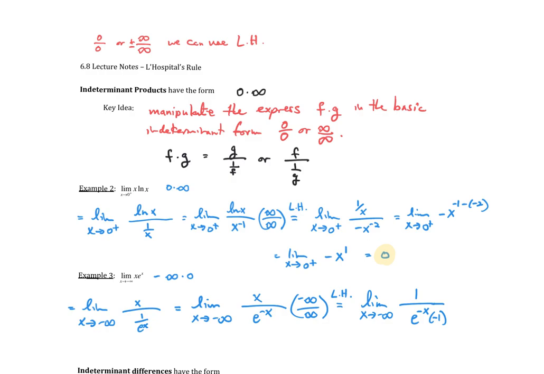So the numerator is a constant. The denominator here blows up. So anytime you have a constant over some sort of infinity, that whole thing is going to go to 0. So this limit is equal to 0. All right. And we're going to highlight that because that's our answer.